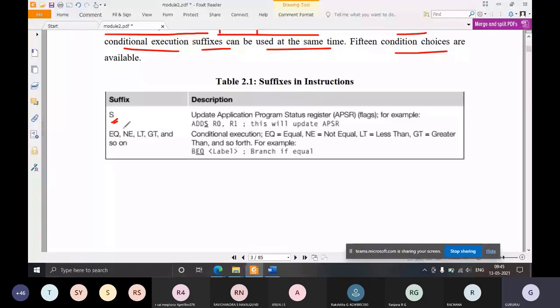If you use this suffix S after the instruction, that means update the APSR, the application program status register. We already know what the APSR is. It consists of all the flags.